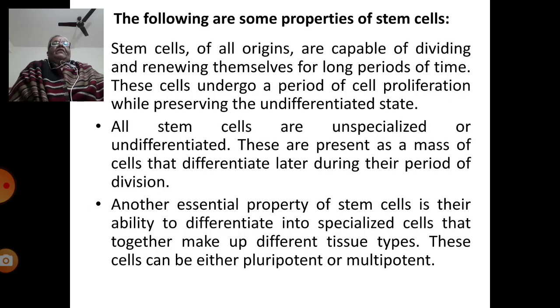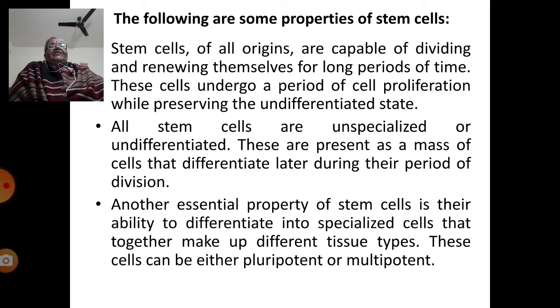Then, what are the properties of stem cells? Number one, they are capable of dividing and renewing themselves for long periods of time. And they undergo a period of cell proliferation while preserving the undifferentiated state.